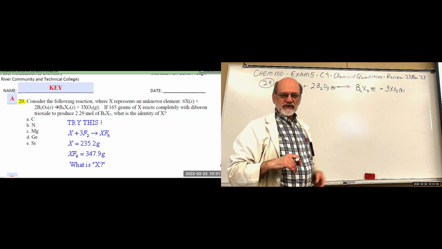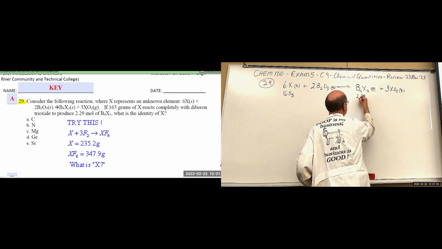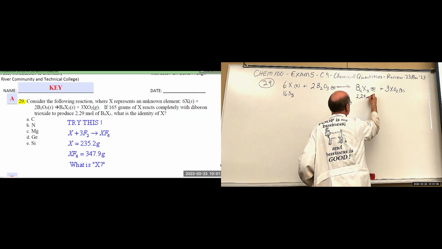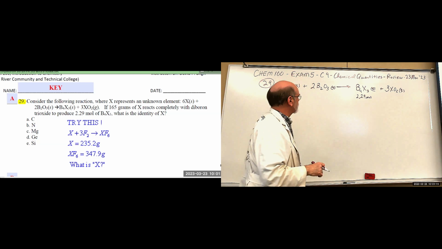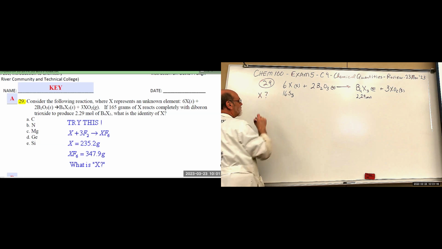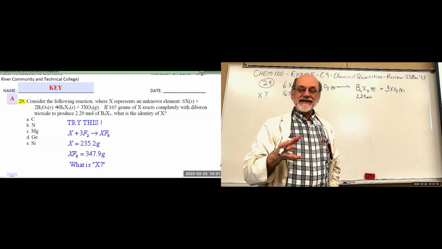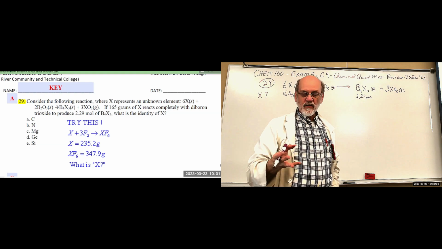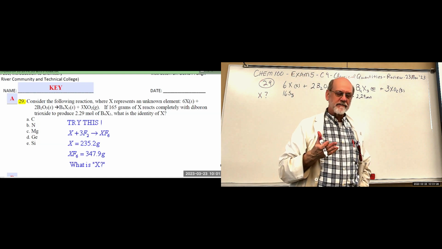To produce 2.29 moles of that product. What's the identity of X? So what's X? All right. X is an element. How do we determine an element?